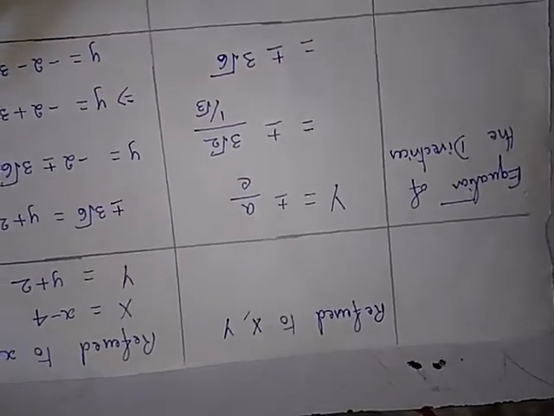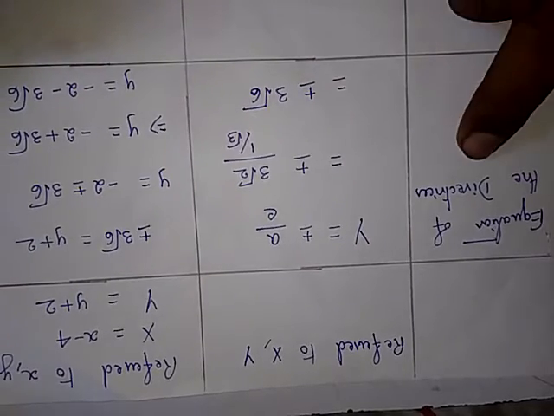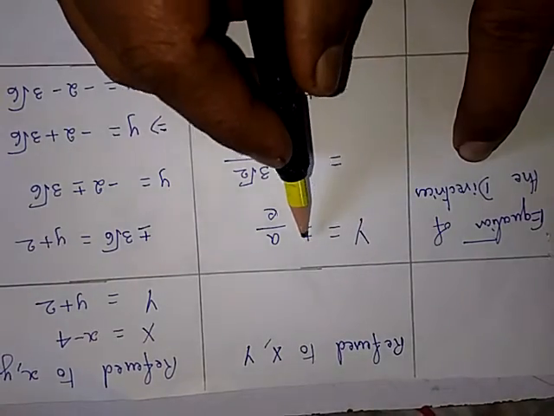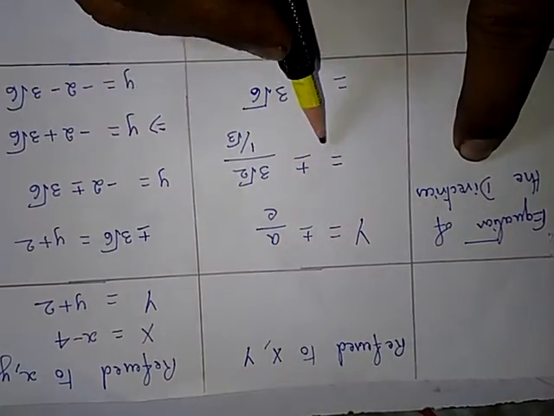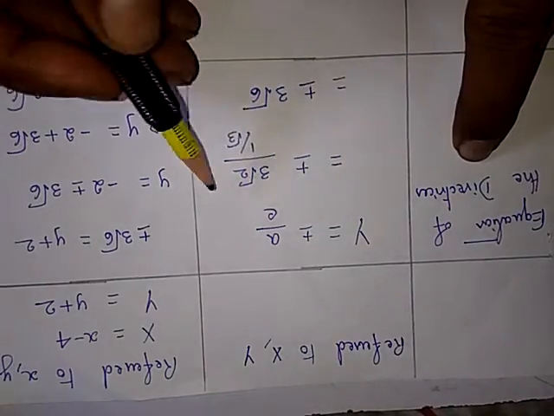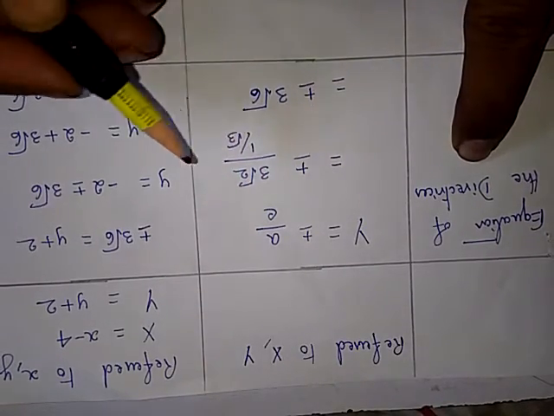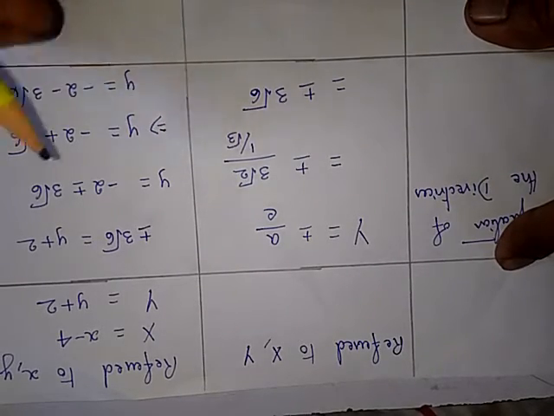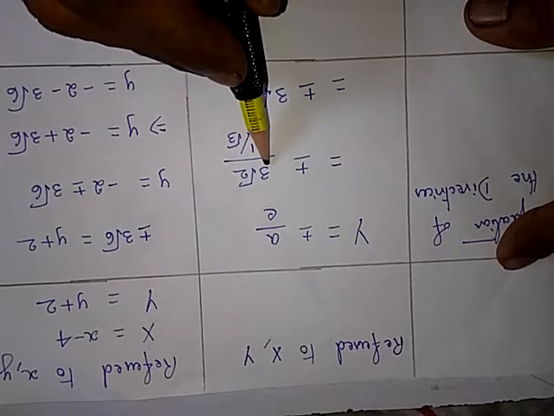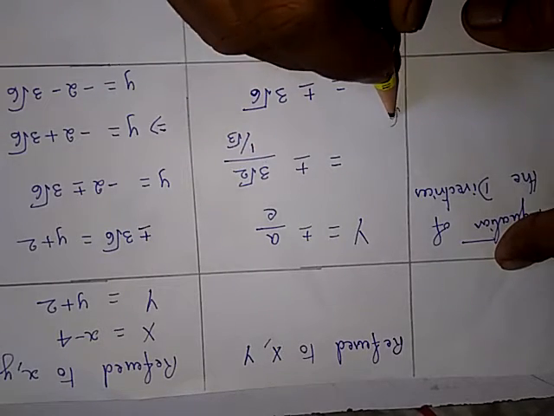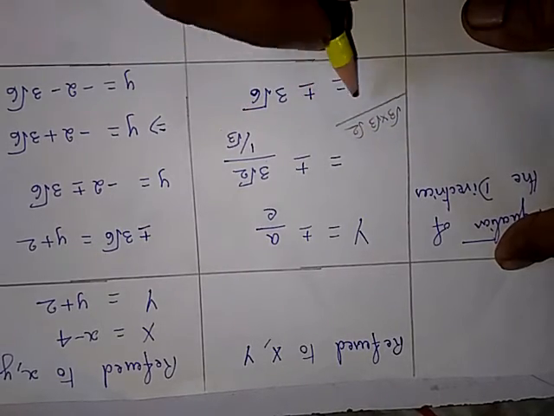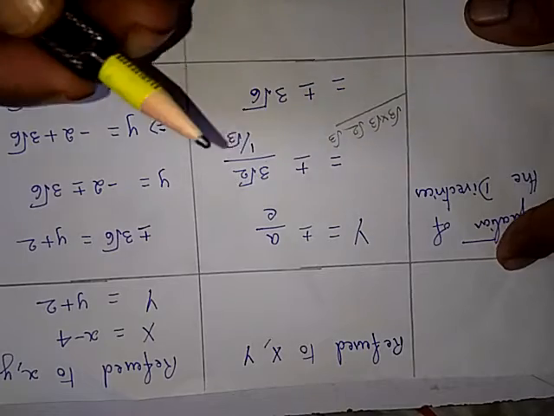Okay. So lastly we have to find the equation of the directrix. Equation of the directrix is capital Y is equal to plus or minus A by E, which is equal to plus or minus A value is 3 root 2, E value is 1 by root 3. Now this 3 can be written as root 3 into root 3, and we have root 2 in the denominator, 1 by root 3, so it will go to the numerator.